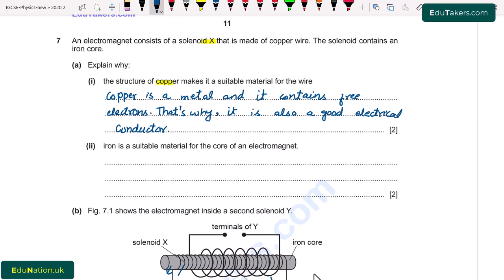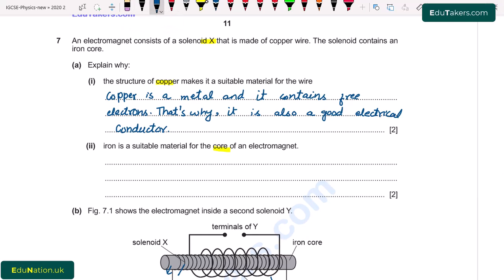Part 2. Iron is a suitable material for the core of the electromagnet. Here we have to describe the reason why iron is a suitable material for making the core. So, we know that they are making an electromagnet, so it needs to be a magnetic material. And iron is a magnetic material. It can easily be magnetized or demagnetized.